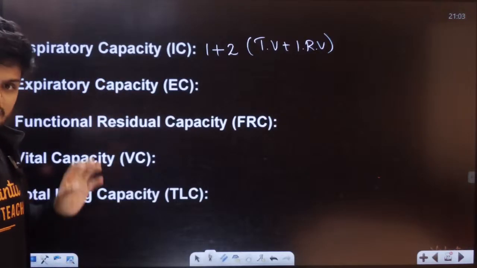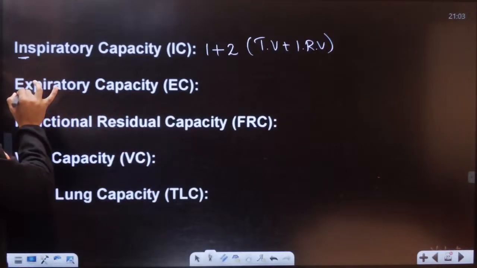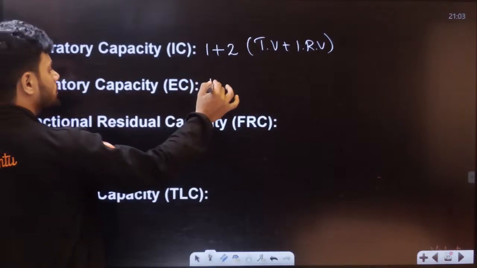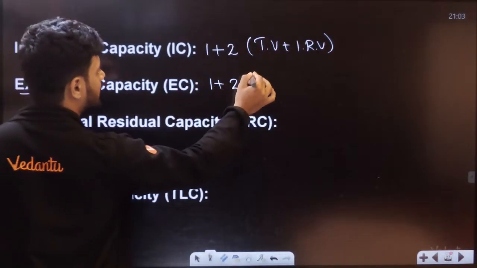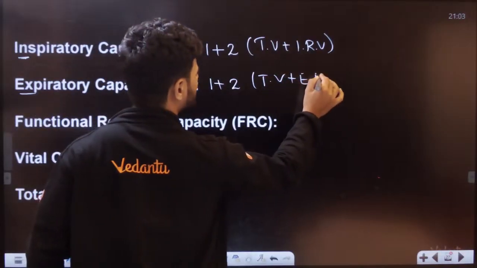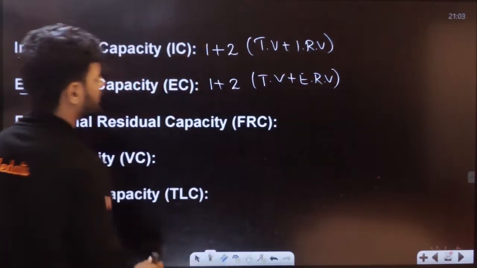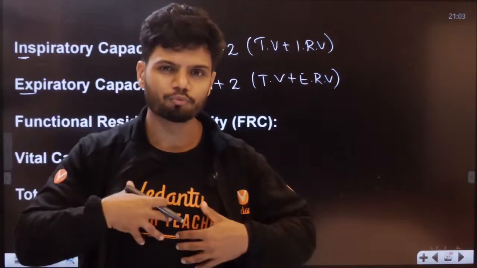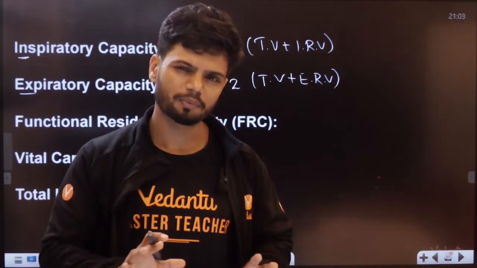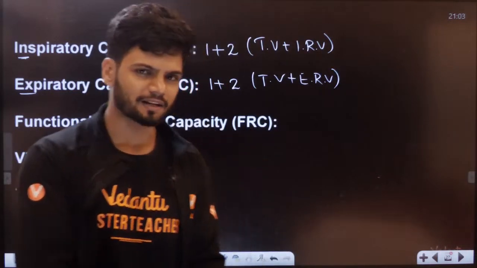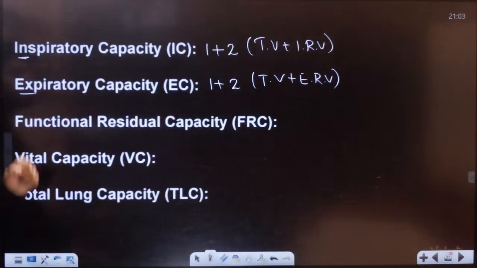Then tell me, students, what is expiratory capacity? Expiratory capacity is tidal volume plus ERV. First you remove the normal exhale, after that you forcefully exhale everything. That is expiratory capacity, students.